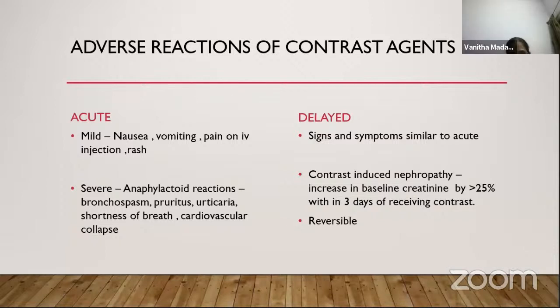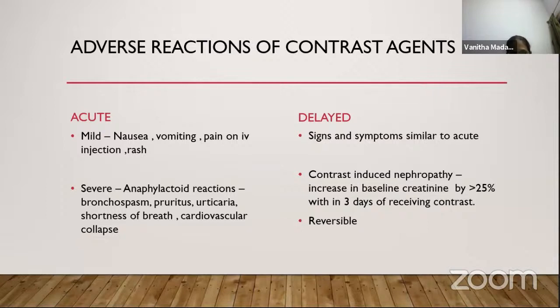The adverse reactions to the contrast agents are divided into acute and delayed. Acute adverse reactions are seen within 1 hour of administering IV contrast, which can be mild, like nausea, vomiting, rash, or pain on injection, to severe anaphylactic reactions including bronchospasm, pruritus, urticaria, etc. And the delayed adverse reactions are expected within 1 hour to 1 week of administration of IV contrast.